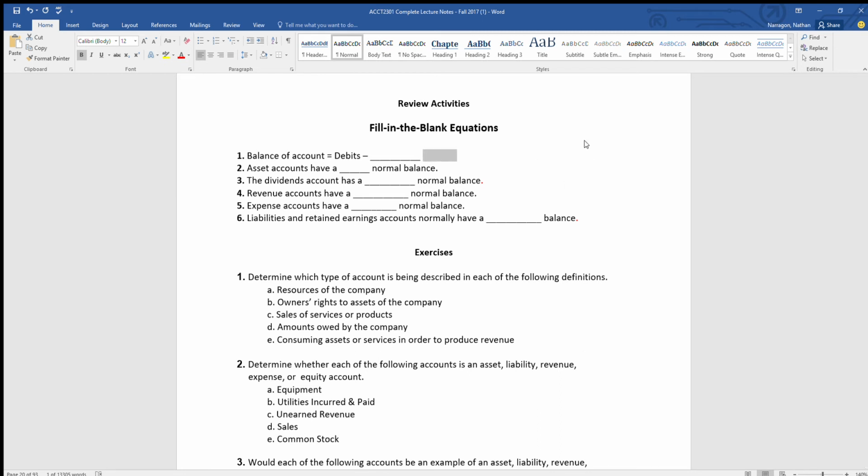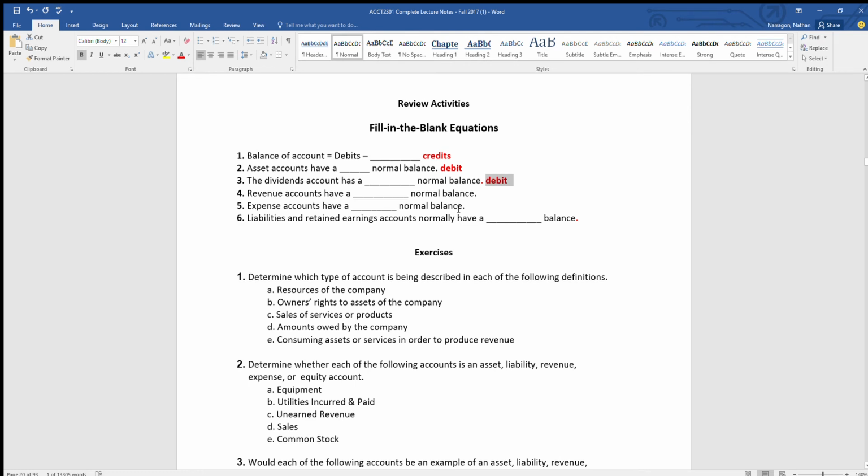So, first off, balance of accounts. Debits, basically, if you subtract the credits, you should be at 0. They balance out. They should always equal together. Assets will always have a debit balance.